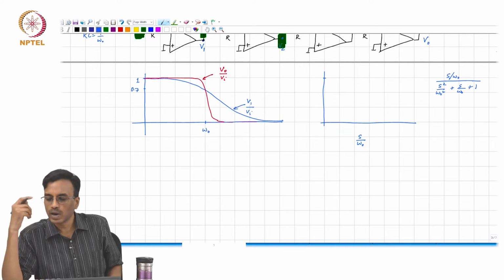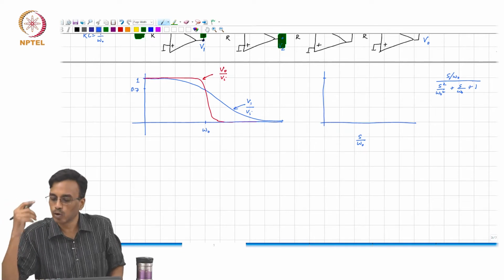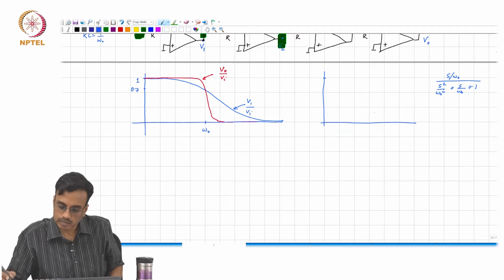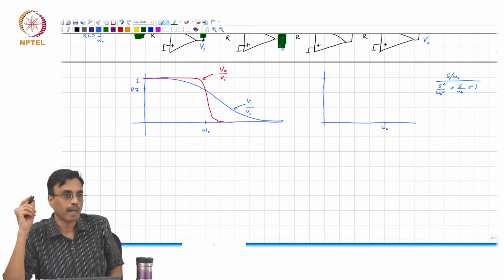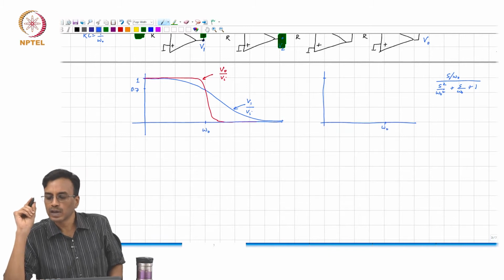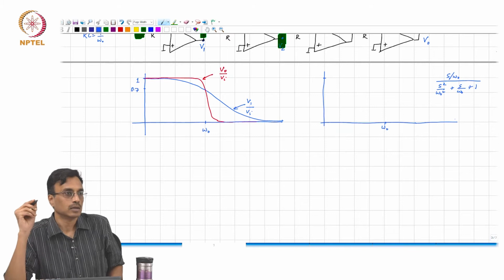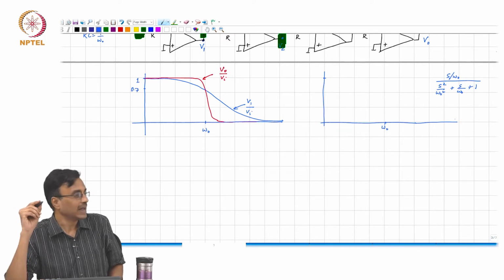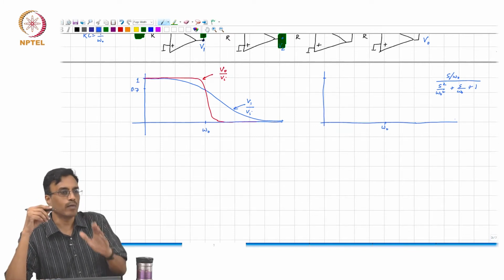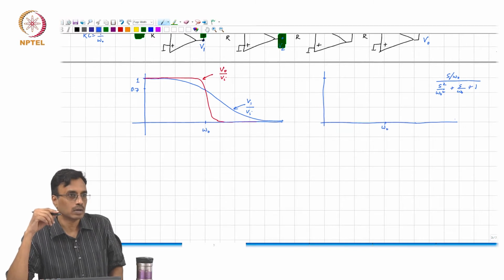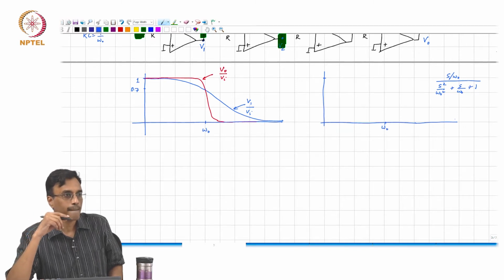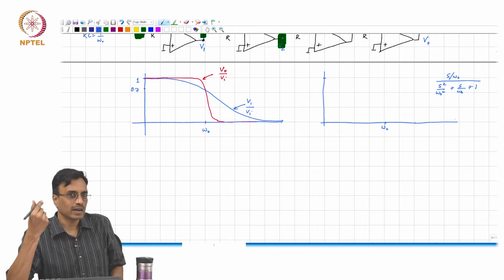So, what comment can you make about the peak gain, or the gain at omega naught? At very low frequency, how will the band pass response look? At DC it is 0, but at low frequency, how will it go from 0? The s square terms will become negligible.